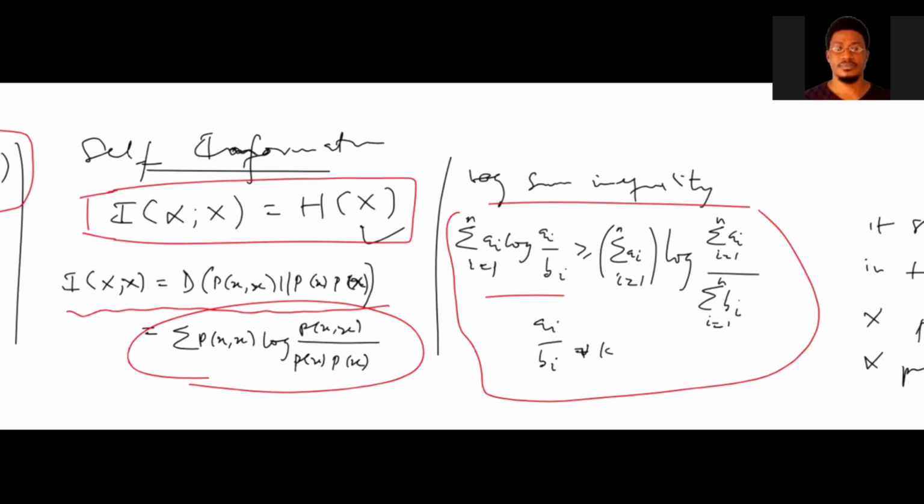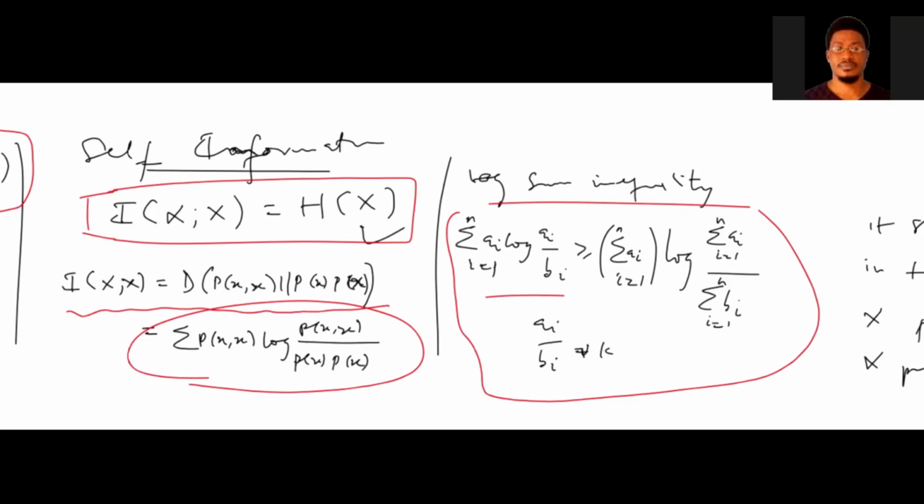And that is more like saying the summation from i equal to 1 to n of a sub i log of a sub i over b sub i is greater than or equal to the summation from i equal to 1 to n of a sub i times the log of the summation of a sub i over the summation of b sub i.